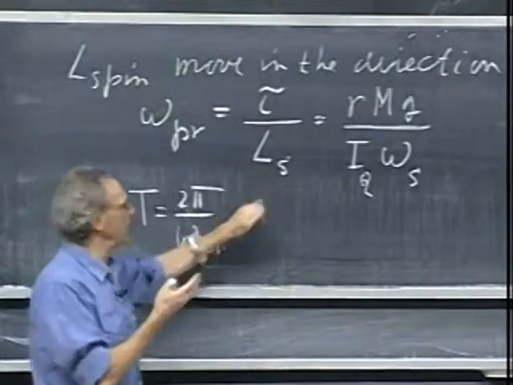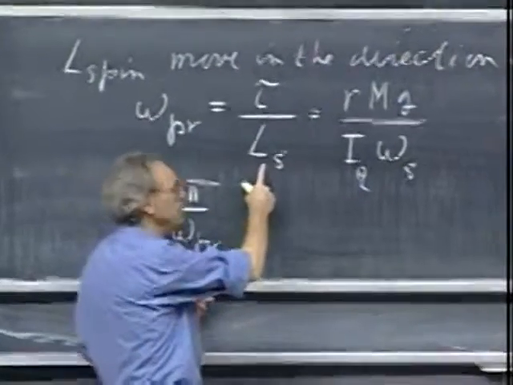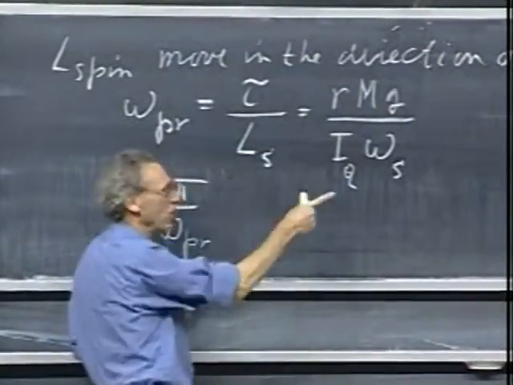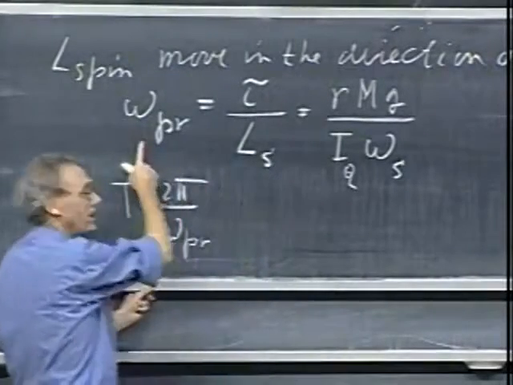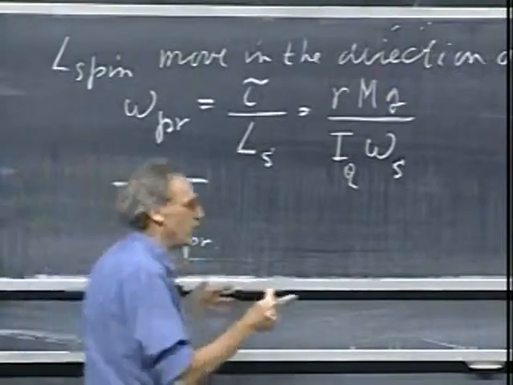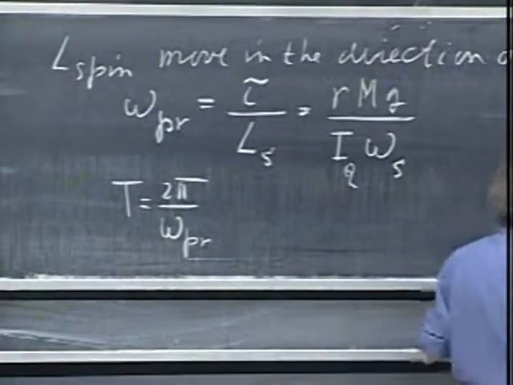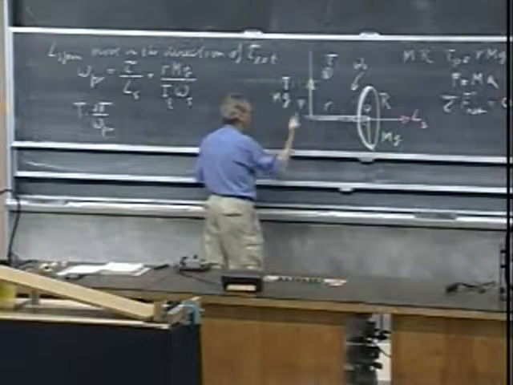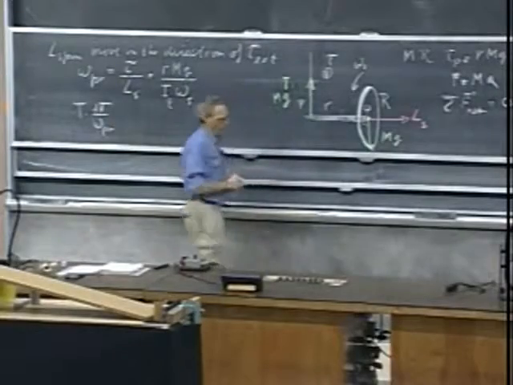And you can see that immediately, because suppose you make the spin angular momentum 0, so that it is not spinning at all. Do you really think that the precession frequency will be infinitely high? Of course not. So this only holds in situations where the spin angular momentum is way, way larger than the angular momentum that you get due to the precession.